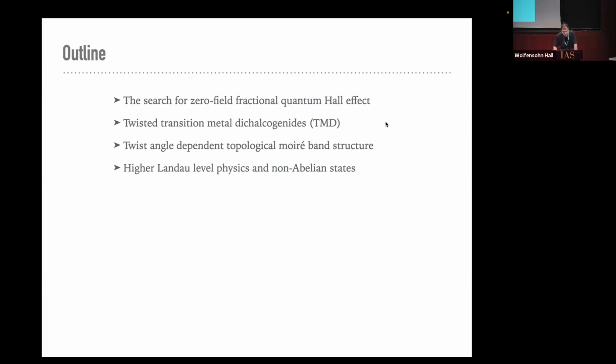And then I will show you the main results of our recent work, which is the twist angle dependent topological moiré band structure. And finally, I will show you that at certain twist angles, higher Landau level physics and non-abelian states are actually possible. In fact, through Xiaodong's talk, he already gave an outline of my talk, so just a rerun of those.